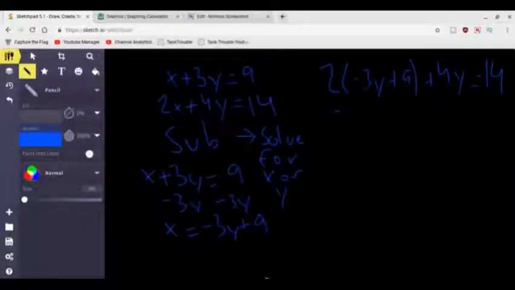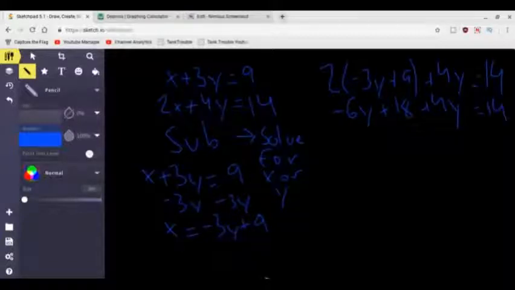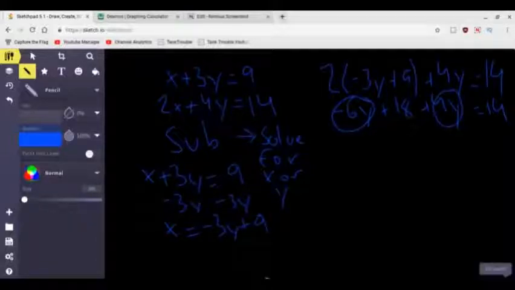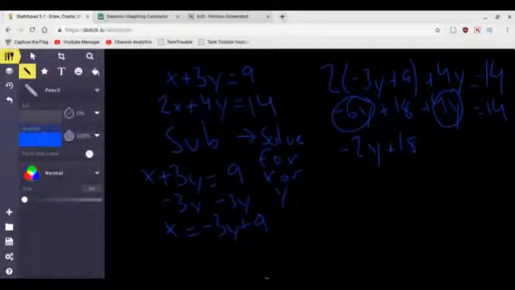And then all you gotta do is use the distributive property, negative 6y plus 18 plus 4y equals 14. And then what you do here is you combine the like terms, so negative 6y and 4y. If you add 4y to negative 6y, you get negative 2y. Okay? And plus 18 equals 14.